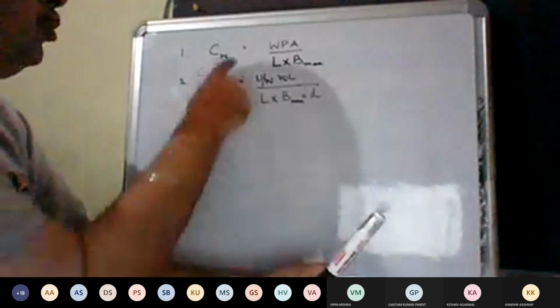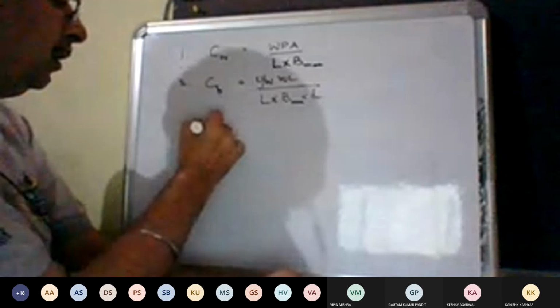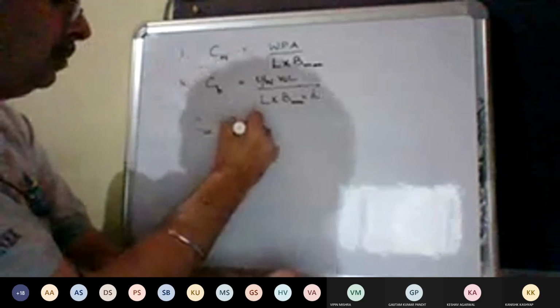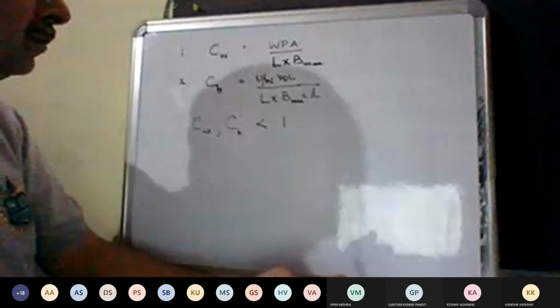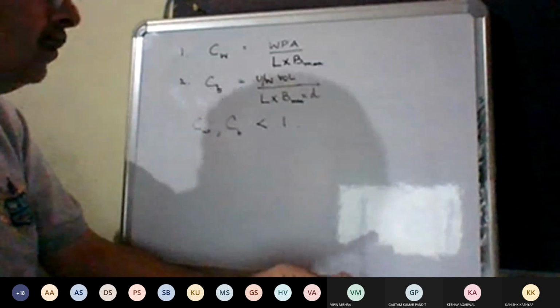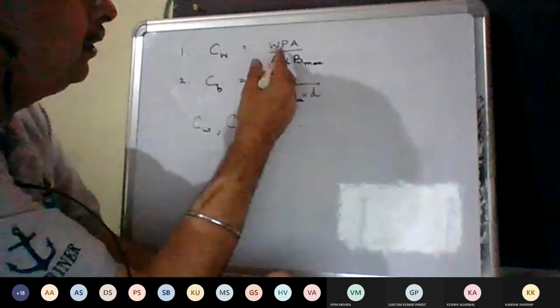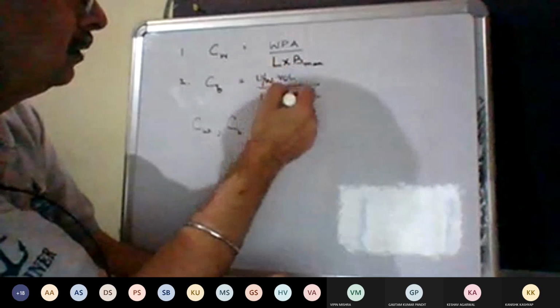You will notice both CW and CB are going to be less than 1 always. That means the numerator will be less than the denominator in both cases.